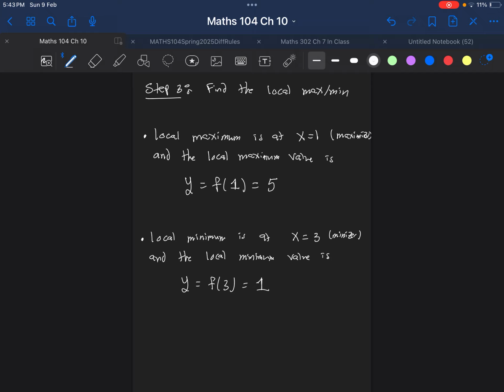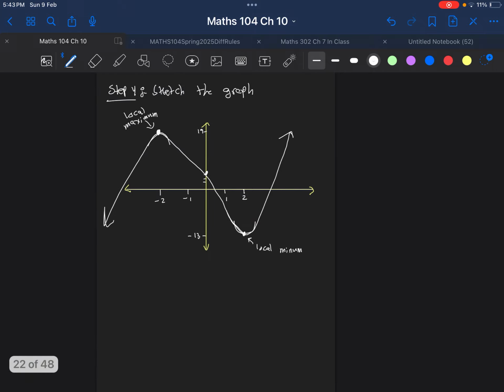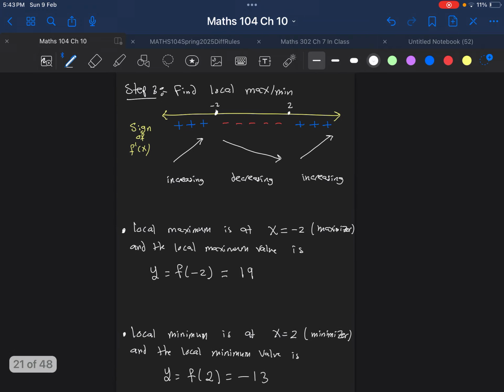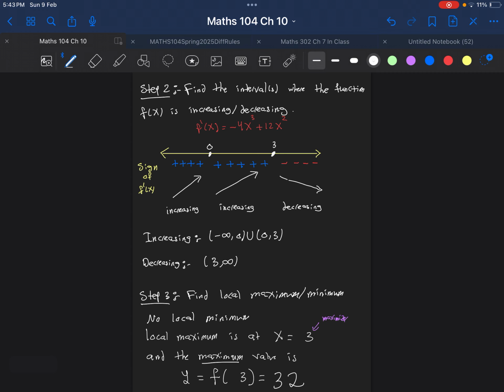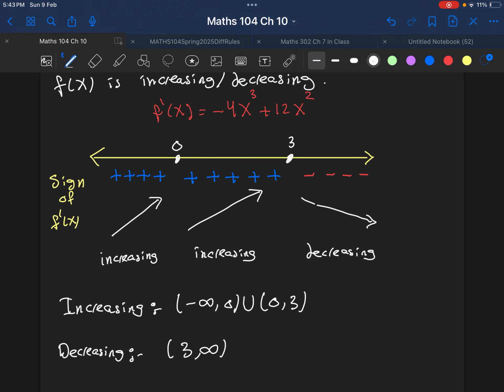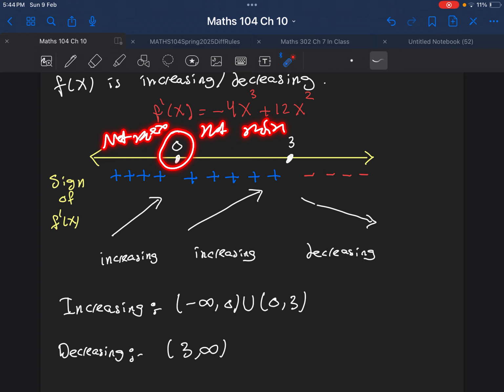Now, there is one example we have seen before, which is example B, and something happened in example B. Let me go back to example B, and in particular, this graph here. In this graph, you can see at 0, it is not max and it is not min.